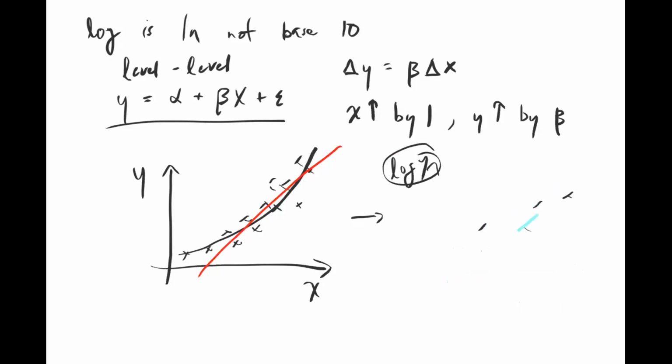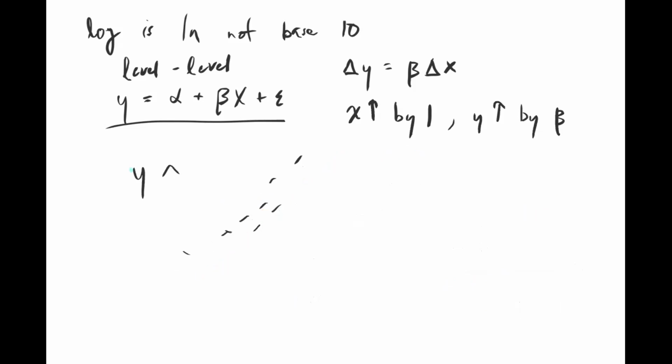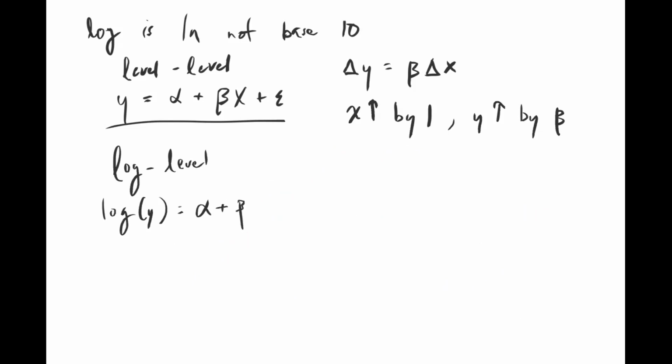As we do that, that transformation is interpreted slightly differently. We call that type of model log level, where you are doing log of y equal to, let's say, again the same type of structure, beta x plus epsilon.